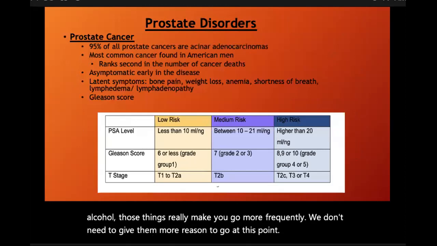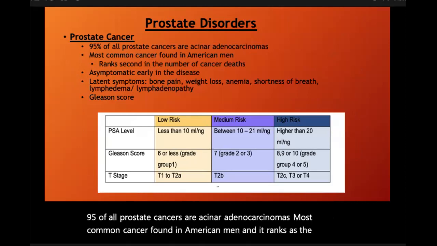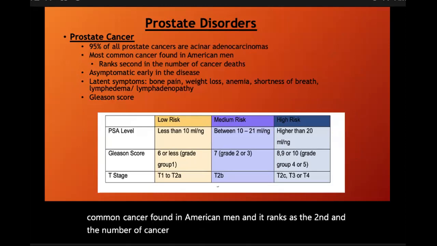Okay, so in terms of prostate disorders, we definitely obviously have to talk about prostate cancer. 95% of all prostate cancers are acinar adenocarcinomas. It's the most common cancer found in American men, and it ranks second in the number of cancer deaths. The problem with prostate cancer is that it's usually asymptomatic early in the disease.